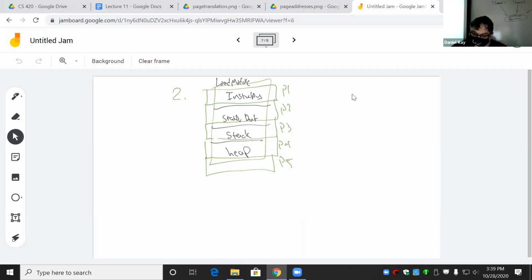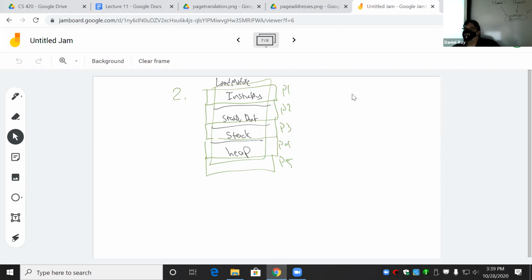We put all the instructions in a segment, all the static data into its own segment, all of the stack into its own segment, and the entire heap into its own segment. So we break the load module into smaller chunks, which makes it easier to load.